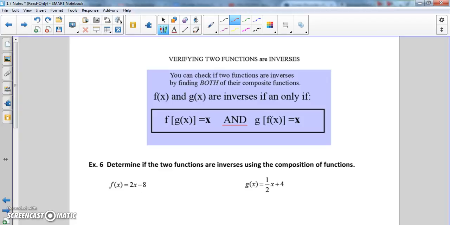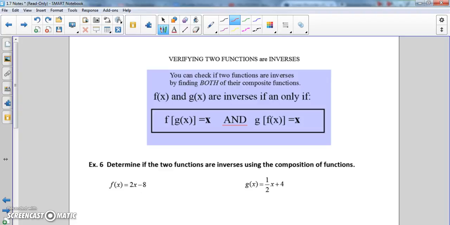We're now going to finish up 1.7 and move on to section 1.8. 1.7 is doing what we just did a couple lessons ago with composite functions, but now we're going to use composite functions to verify or prove if two functions are inverses of each other.